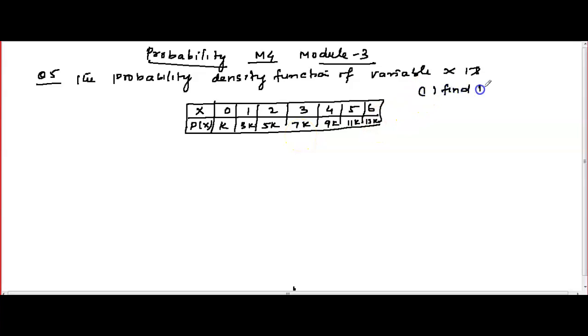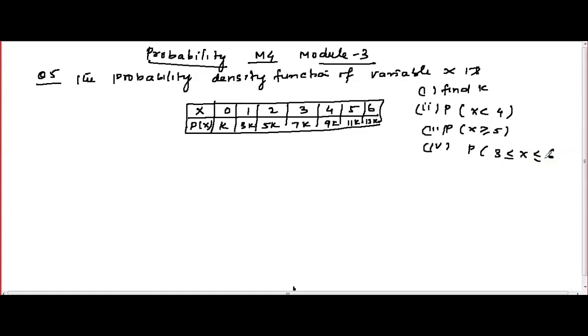We have to find k, and second, the probability of x less than 4, and the probability of 3 less than or equal to x less than or equal to 6.